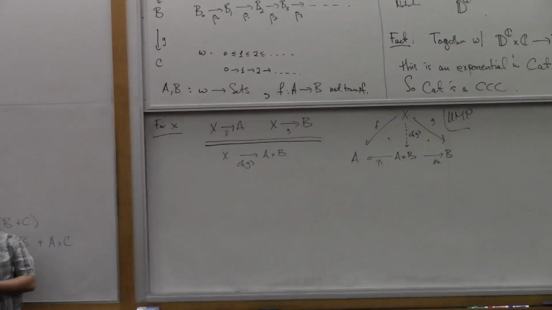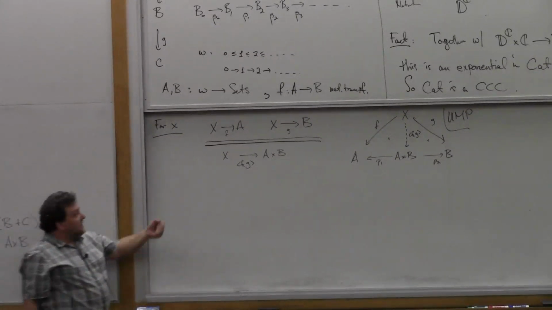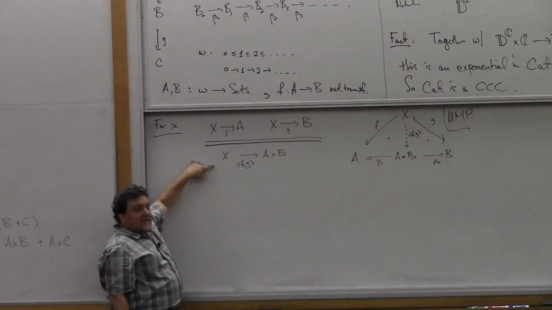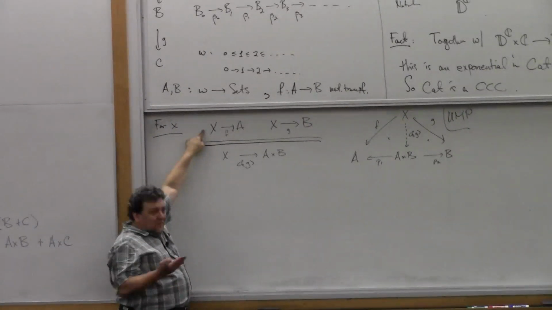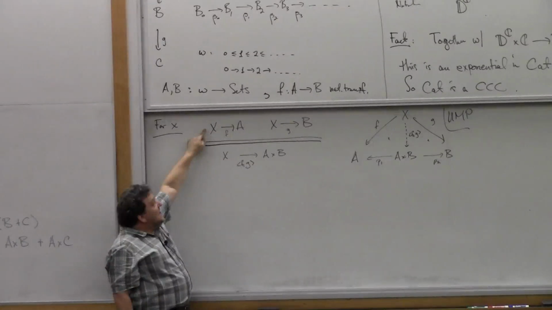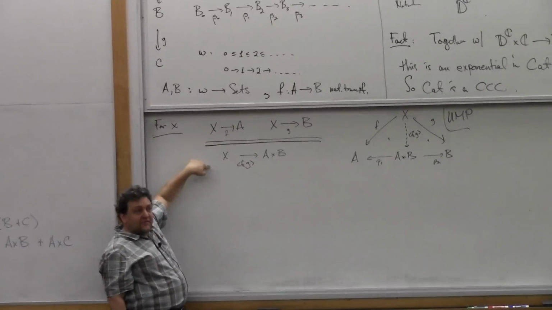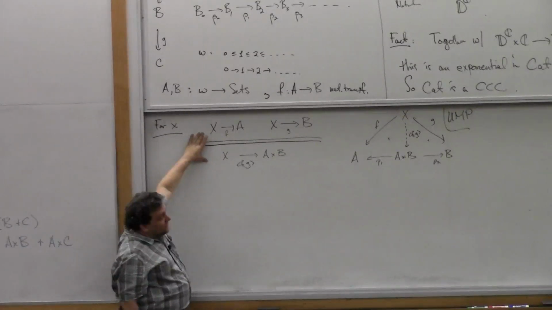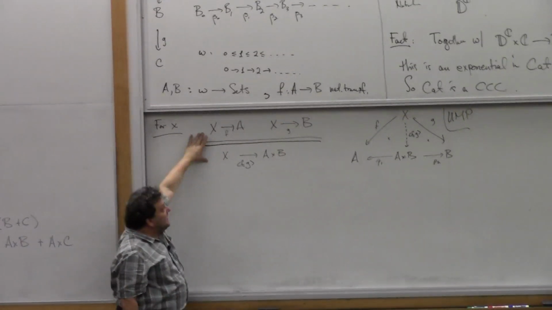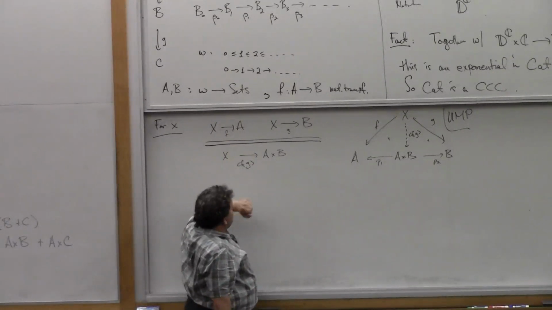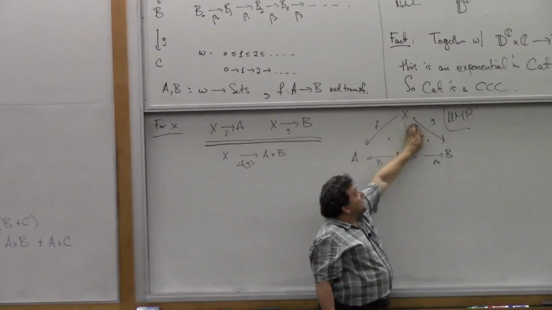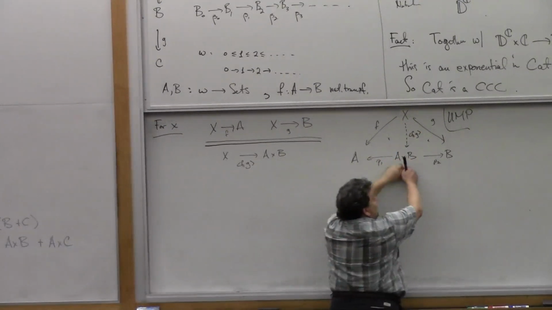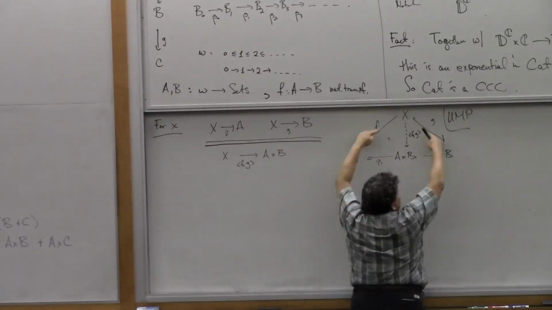Not only does the rule go both ways, but if you compose the two, you get the same thing back out. If I start here and I go down, and then I go back up, I get back the same thing I started with. Yeah? So there's something more going on here than just a two-way rule of inference. It's a bijection between things of this form and things of this form. And indeed, if you look at the universal mapping property again from that point of view, it says, if I take things down here, arbitrary maps here, not necessarily paired up things, I compose with P1 and P2, that gives me a pair of maps like this.